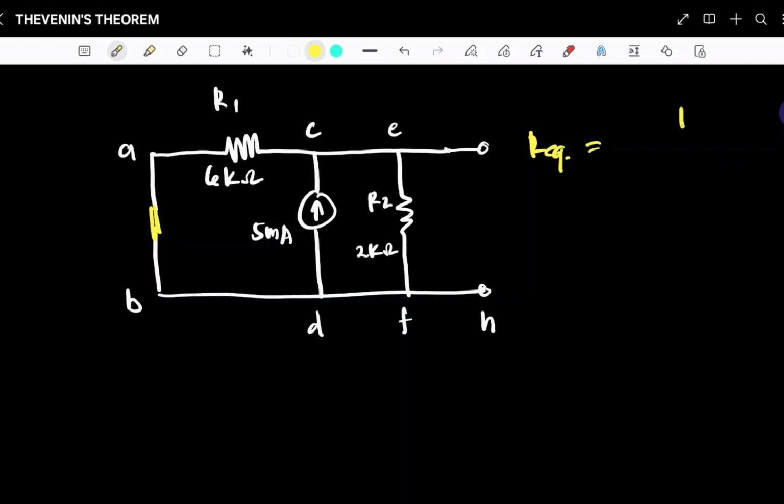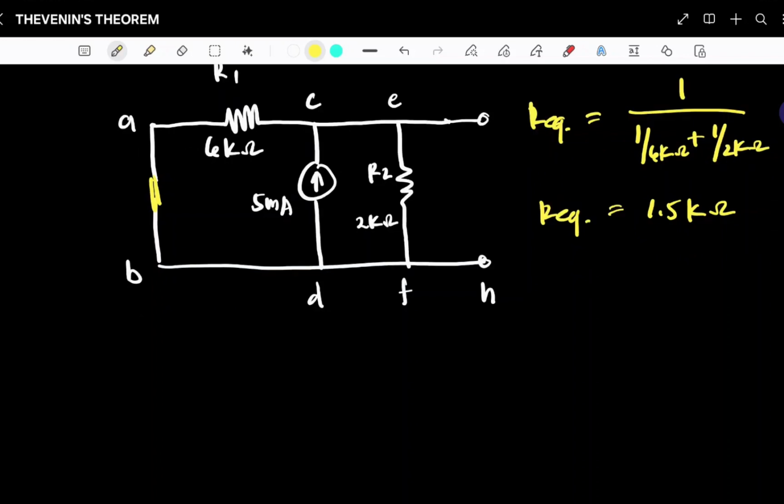Equivalent resistance is equal to 1 over 1 over 6 kilo ohms plus 1 over 2 kilo ohms. Equivalent resistance is equal to 1.5 kilo ohms.